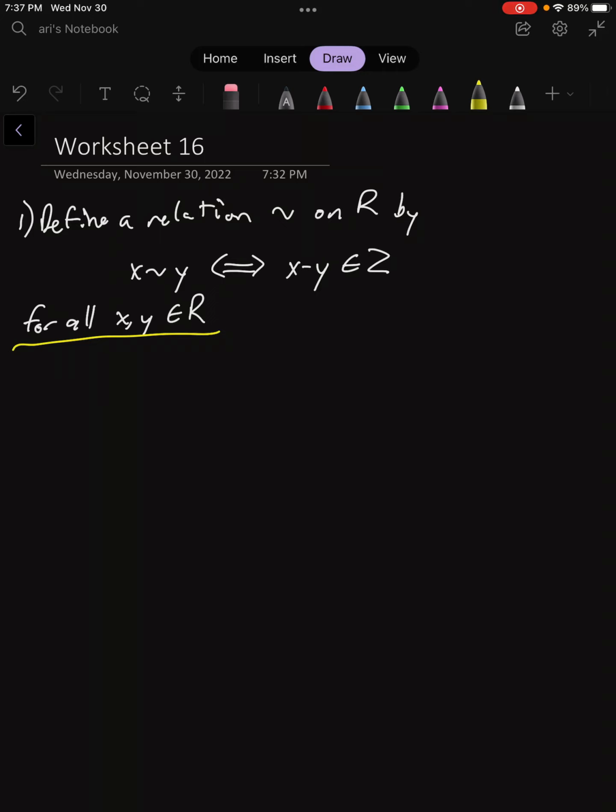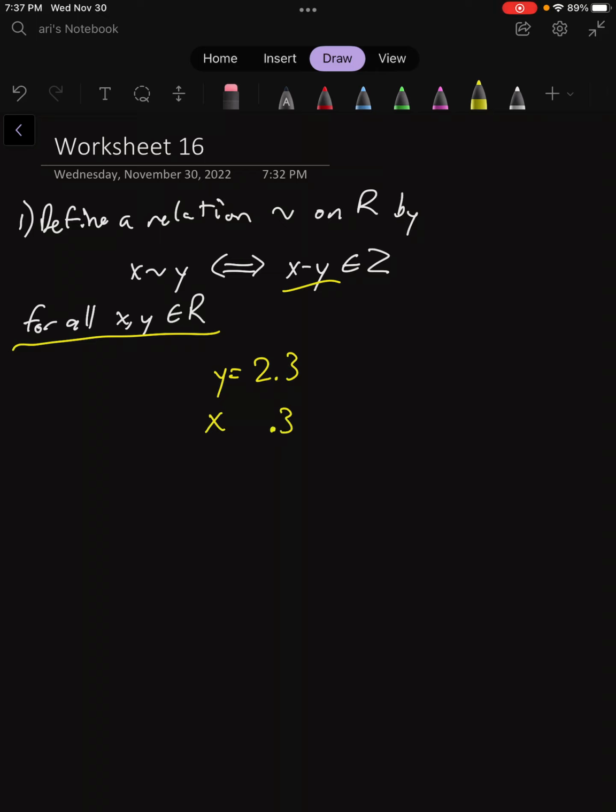When I first look at this, I'm just thinking about the possible ways that x minus y could be an integer. The most obvious way is if they're both integers. An integer minus an integer is always going to be an integer. But let's say y equals 2.3. Then we just need x to be some number that ends with 0.3.